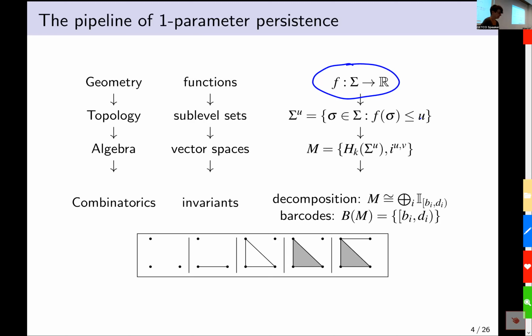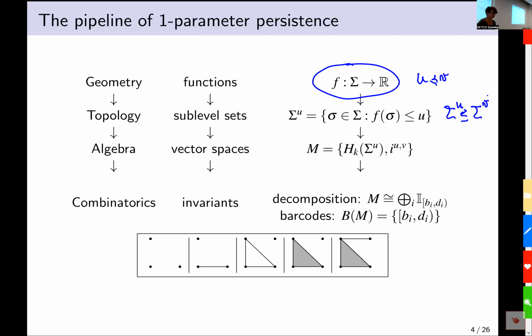This is the sublevel set. We can also take care that the function is chosen so that if u is smaller or equal than v, then sigma u is contained in sigma v, and it is a subcomplex of sigma v.